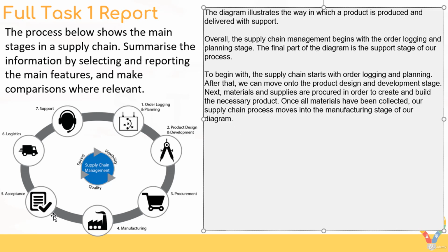Okay, let's move on to our second detailed paragraph where we'll have acceptance, logistics and support. Let's have then the completed product must be accepted and assessed for acceptance. So I assume at this stage in the process, the product's being created and given to whoever it's been sold to, they accept it.